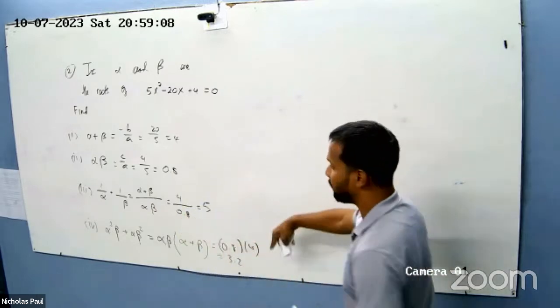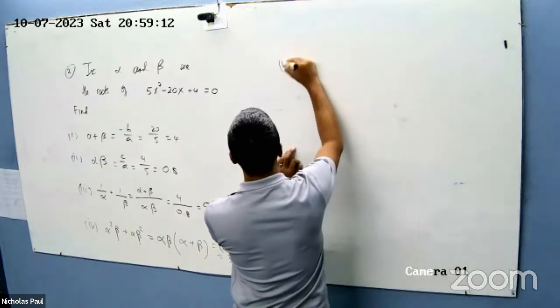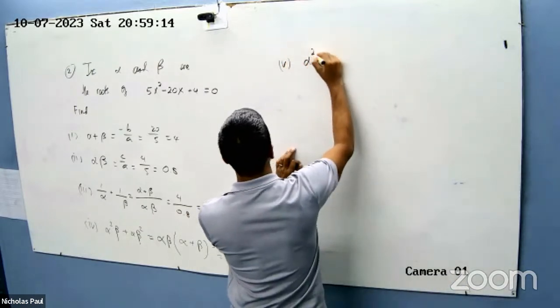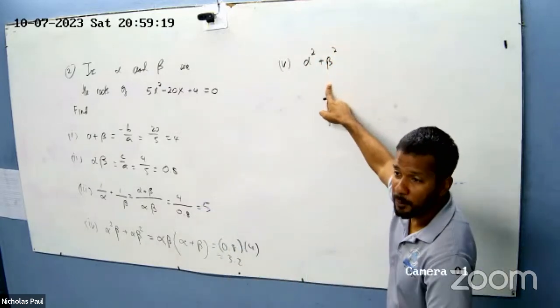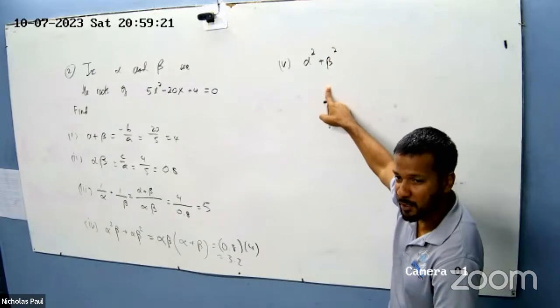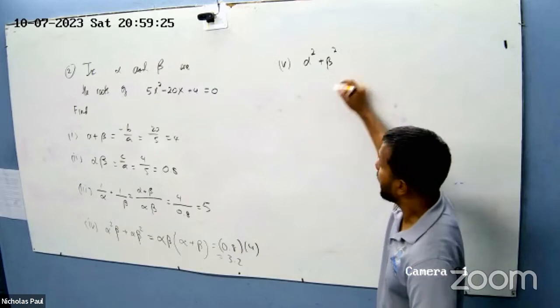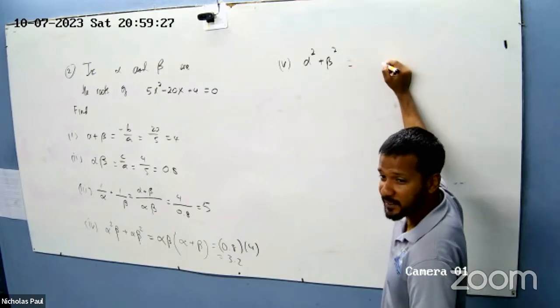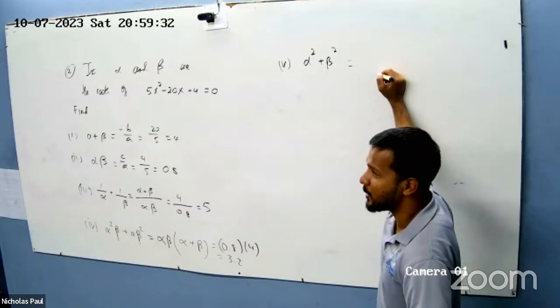Let's use the same quadratic. How are we going to get alpha squared plus beta squared? This one is a little bit hard. You all may have remembered this from the code. I recognize this from the code. Anybody remember what it is? What was alpha squared plus beta squared in the code?